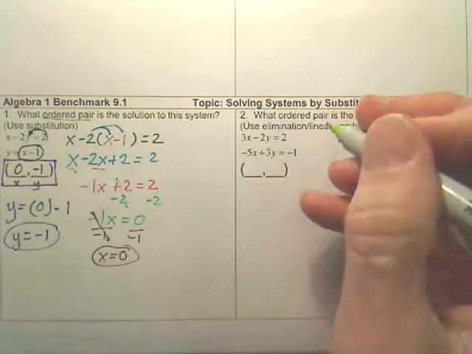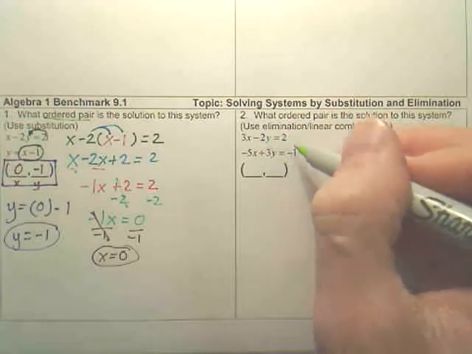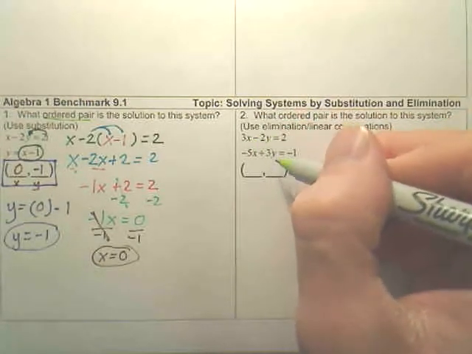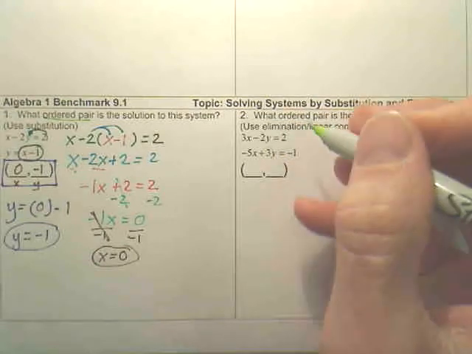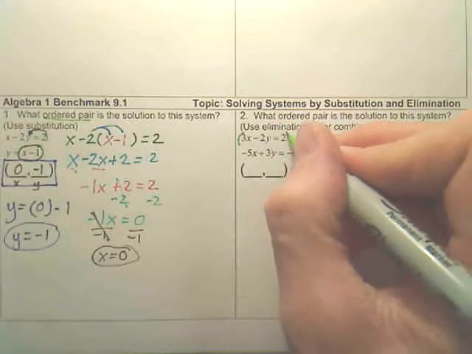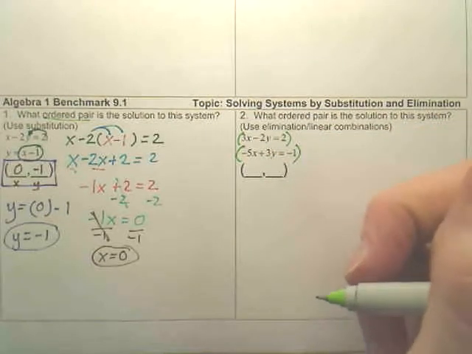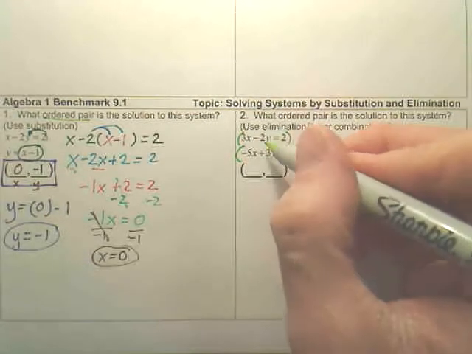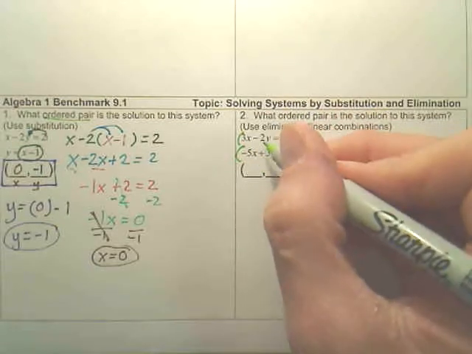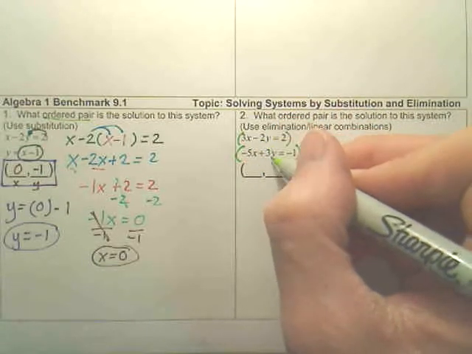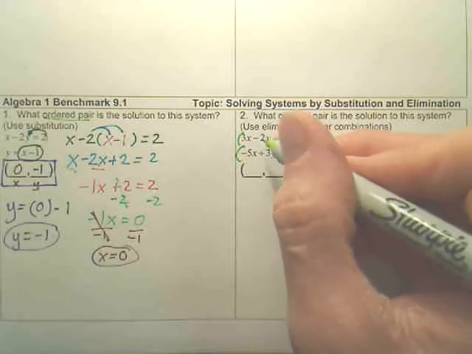And what this process does is you add straight down and try to cancel. But when I add straight down, do they cancel the x's or the y's? No. So I'm going to have to multiply these equations by something so that we can cancel them. Either you cancel the y's or you cancel the x's. I'm going to cancel the y's. What can I change negative 2 and 3 into so they can be the same number?